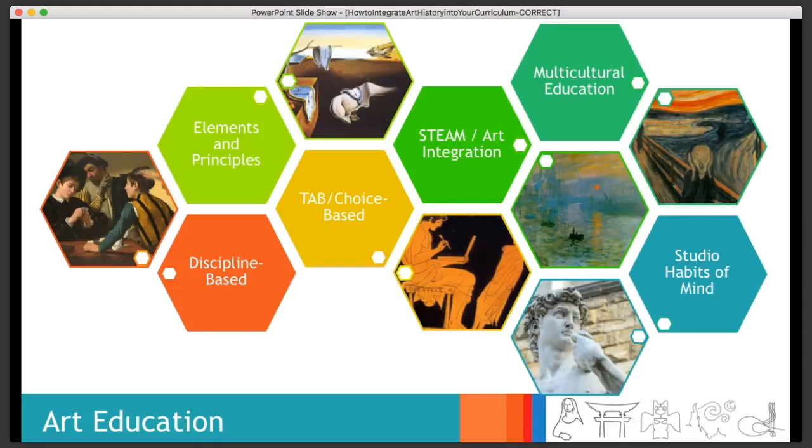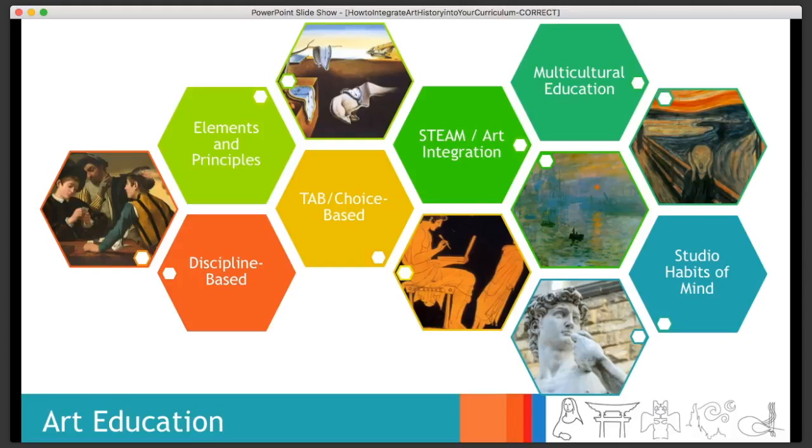Coming to this presentation, I was thinking about who all would be here. What types of art teachers would be here? And I was like, well, there are dozens of types of art teachers. And that is what's so wonderful about our field, is we really have the freedom to teach the way we want to teach. We can teach more history focused.